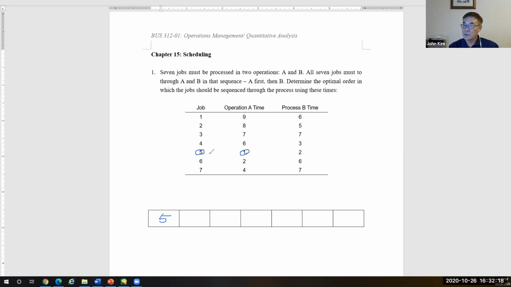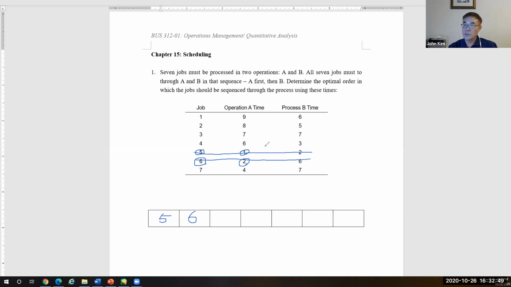Then cross out. Then of the remaining times, this one is shortest, so take job 6. First machine, so place job 6 second. And cross out.